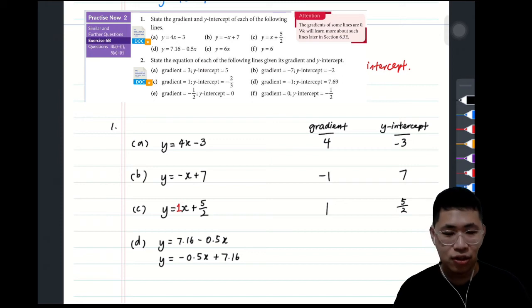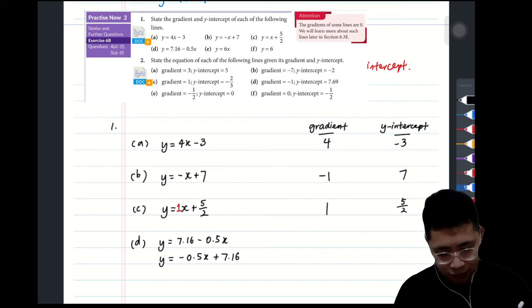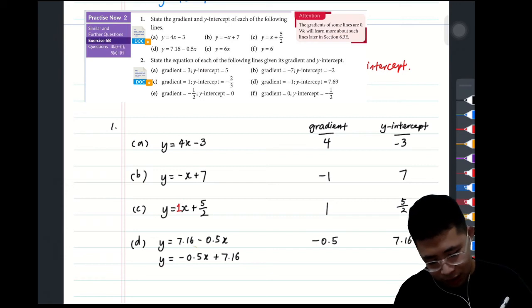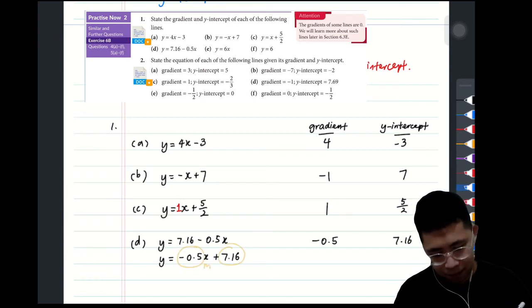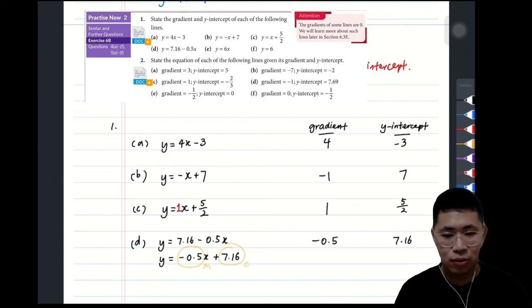The gradient over here is negative 0.5. The y-intercept is 7.16. So this will be the m, this will be the c. Okay, y equals mx plus c. Next one.